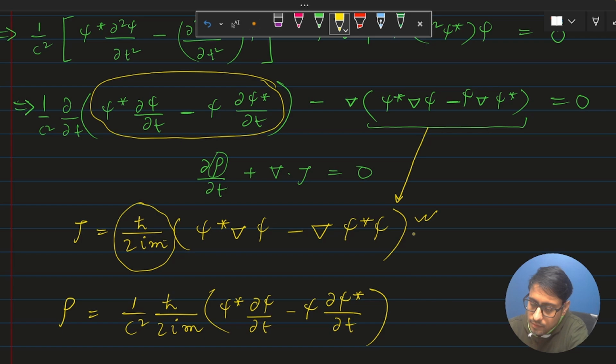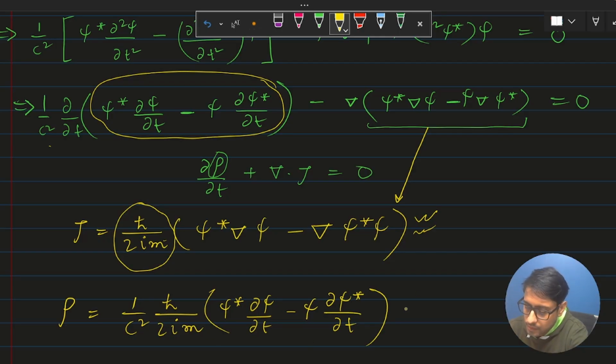Let's consider the same j which we have seen previously. So the new rho will be 1 over c square multiplied by this term, and then this.